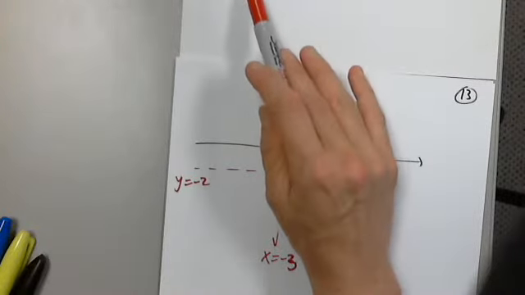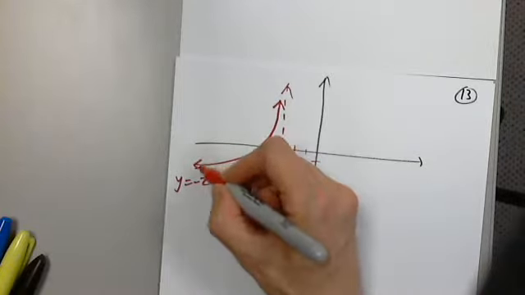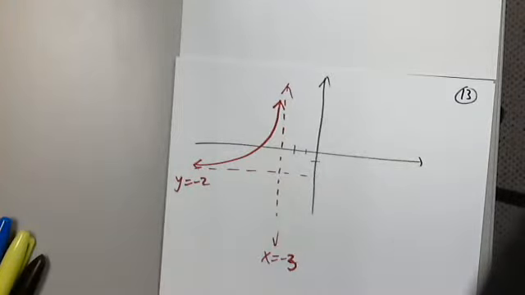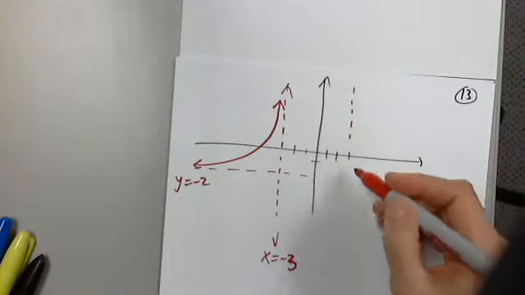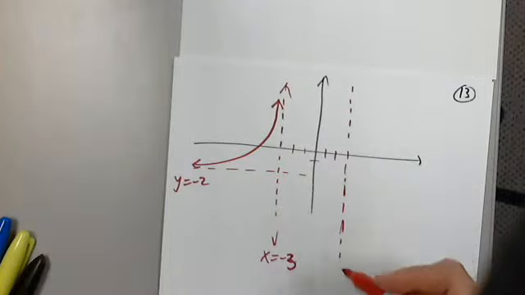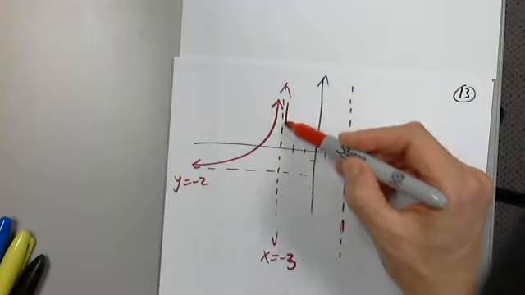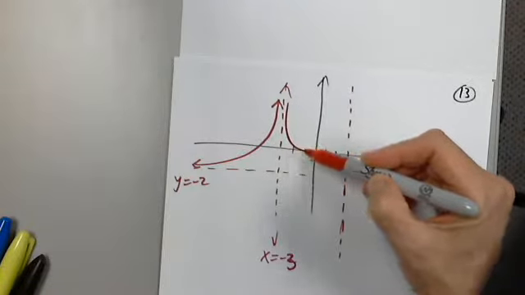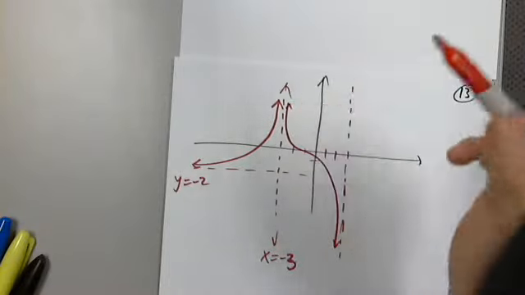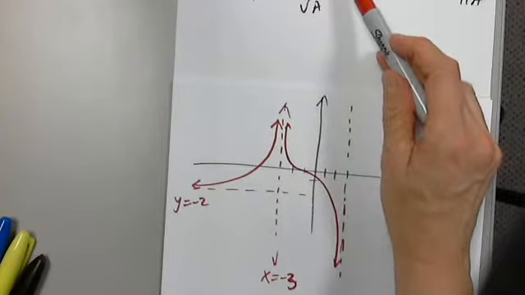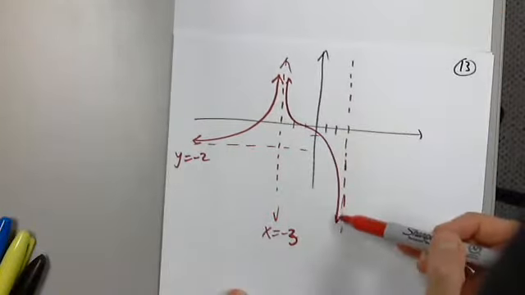And on the left-hand side, this is a horizontal asymptote. One, two, three. Infinity on the right-hand side of negative 3, negative infinity on the left-hand side of 3.